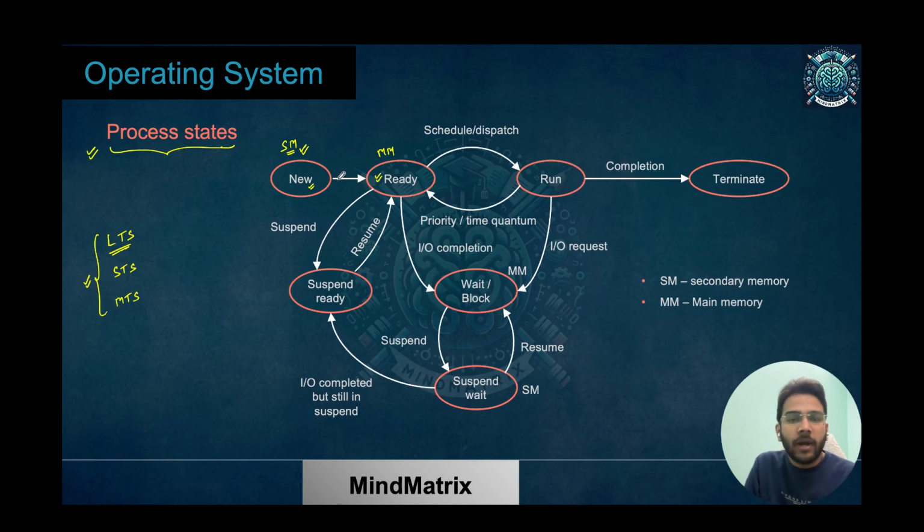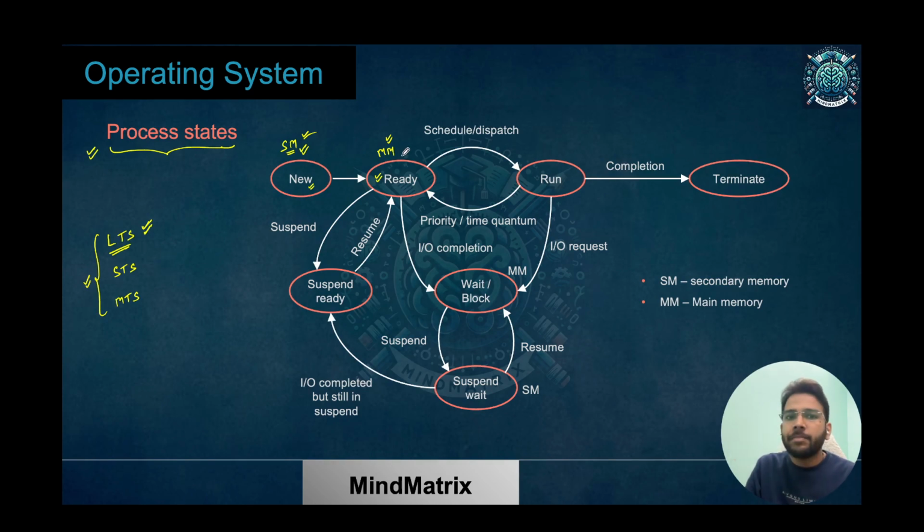What is degree of multi-programming? It means the maximum number of processes that can reside in the main memory, and that is controlled by your long-term scheduler. So basically the long-term scheduler loads the program from the secondary memory to the main memory. The transition happens from new to ready state, and the system uses the long-term scheduler for that purpose.